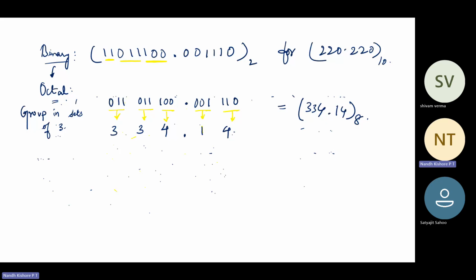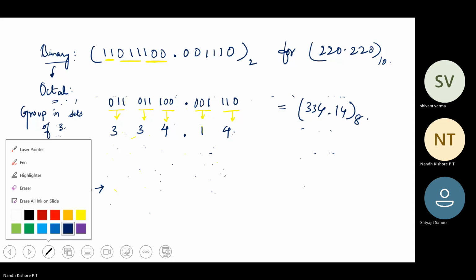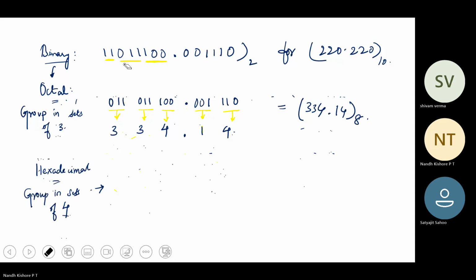Okay. And finally, for hexadecimal, right? For hexadecimal, you group in sets of 4, which means that 0, 0, 1, 1 is one set, and 1, 1, 0, 1 is the other set.